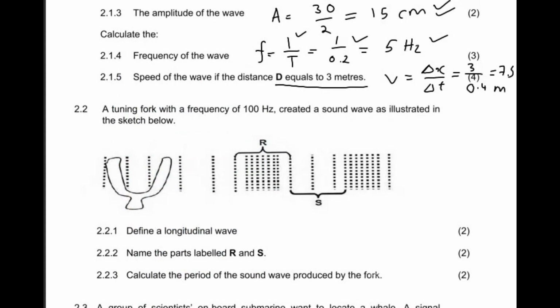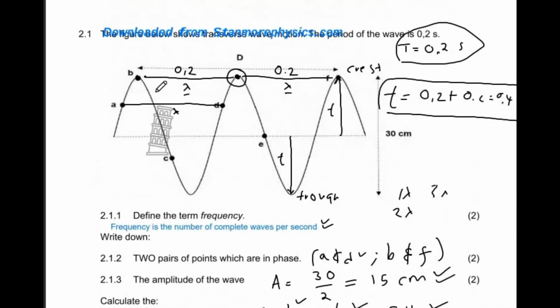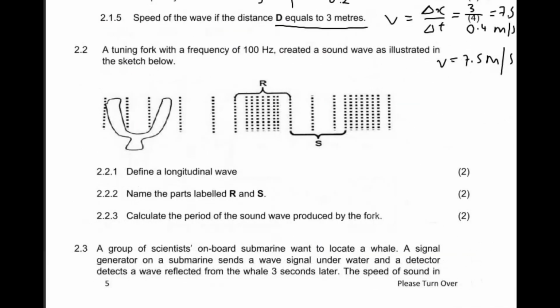Always write meters per second. So the speed v equals 7.5 meters per second. That is how fast the wave is traveling between points B and F, which is the distance D: 7.5 meters per second.